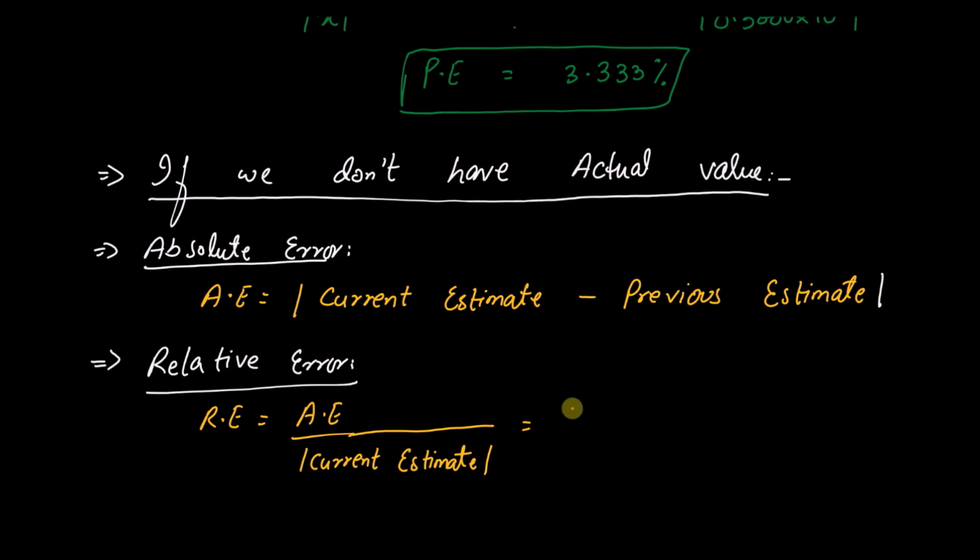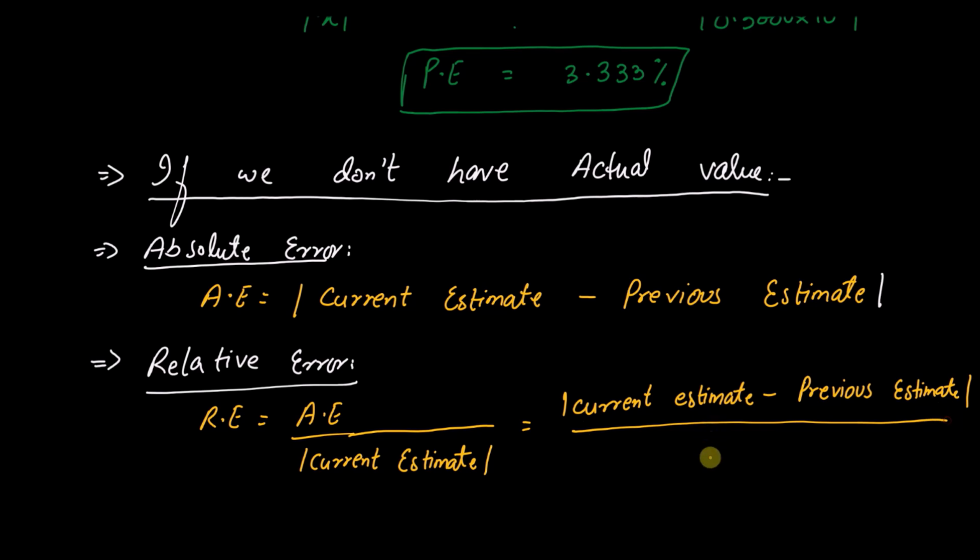Or in other words, we can say that it is current estimate minus previous estimate, divided by current estimate.